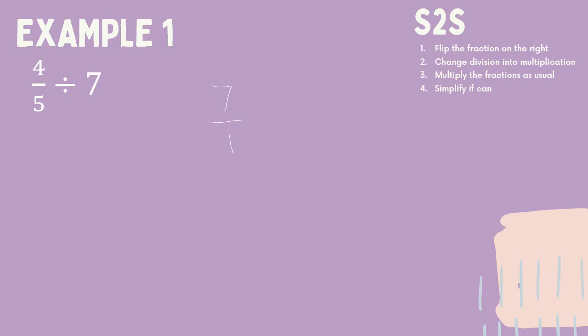Any whole number, when you change it into a fraction, is always out of 1, because this means 7 divided by 1, which is just 7. So literally 7 out of 1 means 7. They are the same thing.